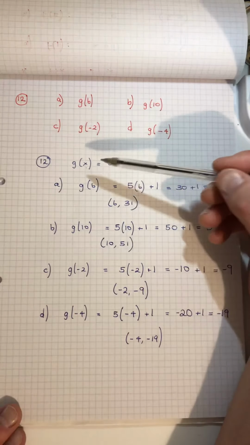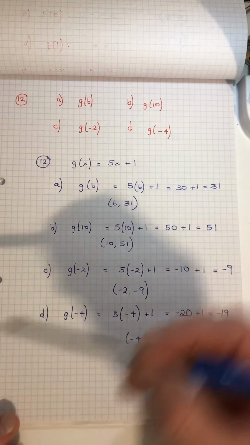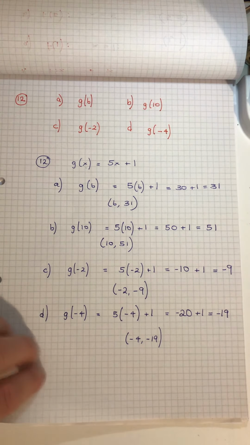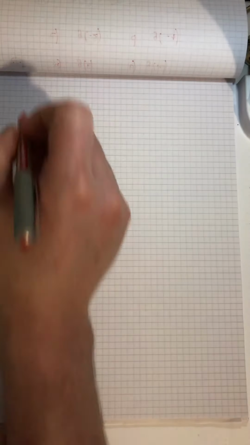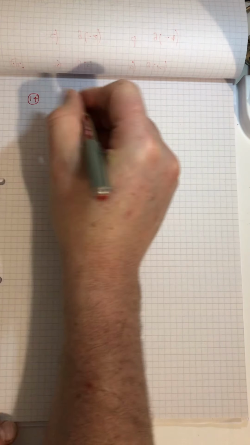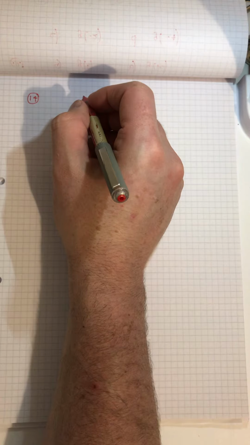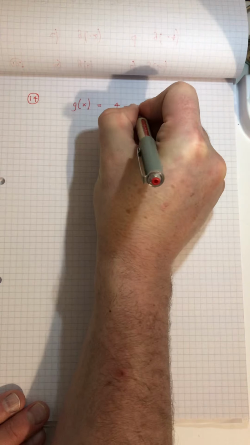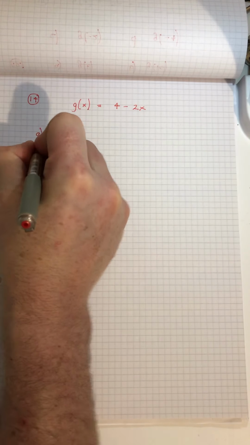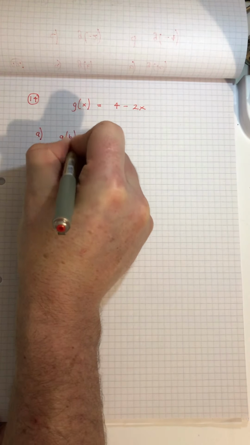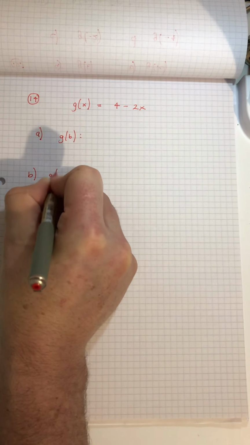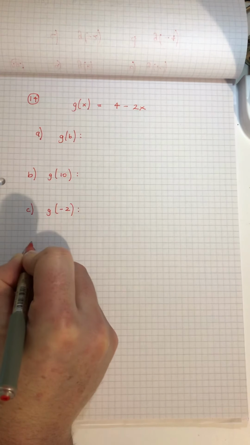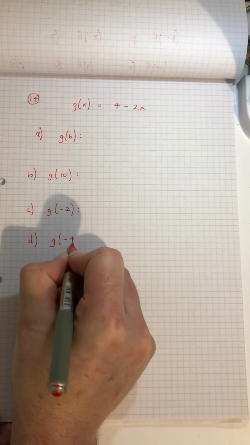You're just replacing the letter x with the numbers given in the question. Okay, and for question 14, we have g of x equal to 4 minus 2x, and again we want part A is g of 6, B g of 10, C g of minus 2, and D g of minus 4.